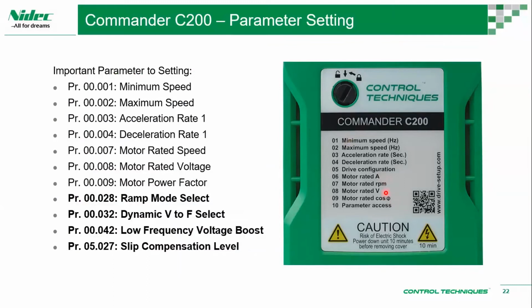Besides these simple parameters, we need to access these 4 parameters. This is for pump and fan application, especially for fan. So we need to access 00.028 for ramp mode select, 00.032 for dynamic VF select, and the parameter related to it, 00.042 low frequency voltage boost, and the last one and very important one, 00.027 slip compensation level.